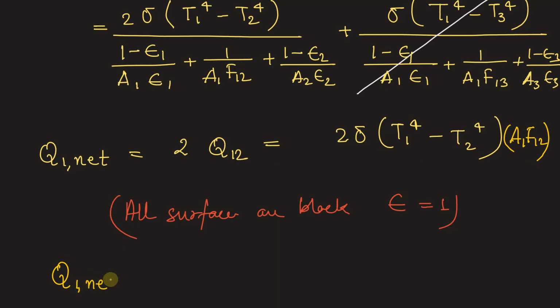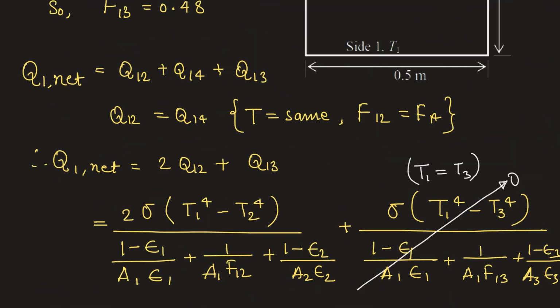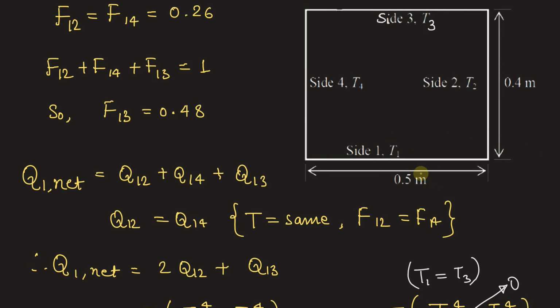So from here Q1 net will be equal to 2 times 5.67 into 10 to the power of minus 8 into T1 is 1200 to the power of 4 minus T2 is 800 to the power of 4 multiplied by A1. Now in the diagram we can see that A1 will be the area of side 1.